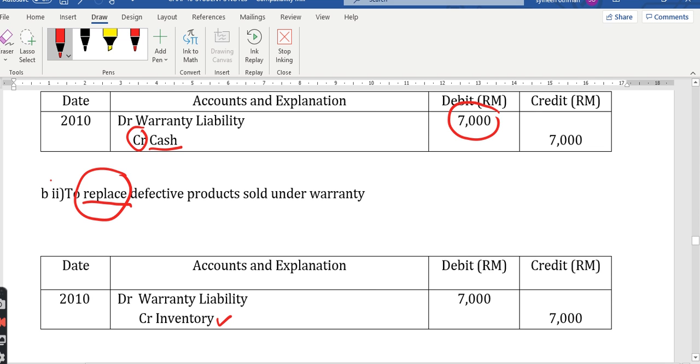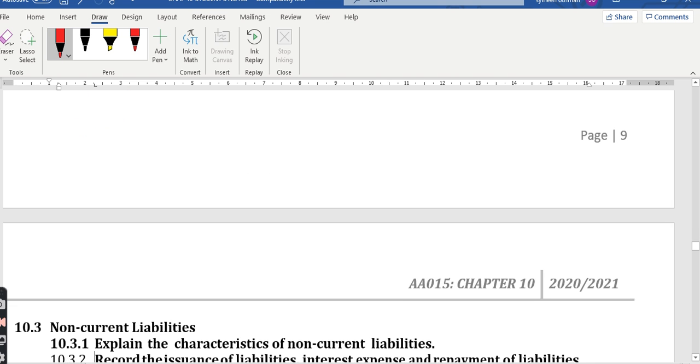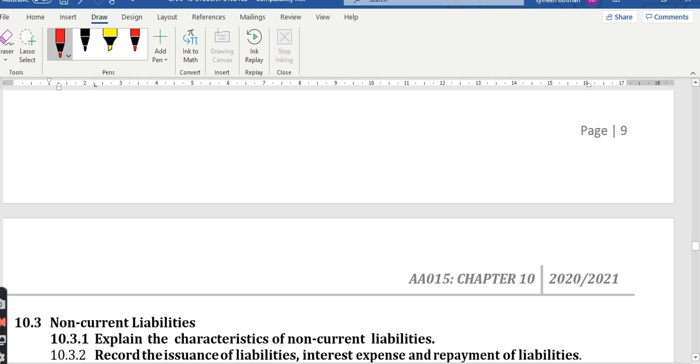That's why we will credit inventory. So what happened to the balance of 500? The balance of 500 stays in the warranty liability, so we'll be bringing the balance to next year. All right, so that is for your current liabilities.